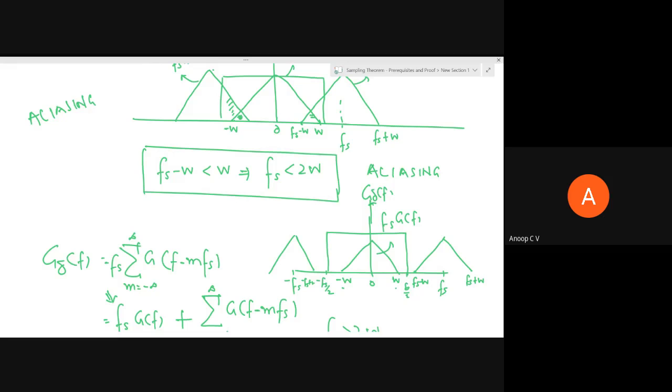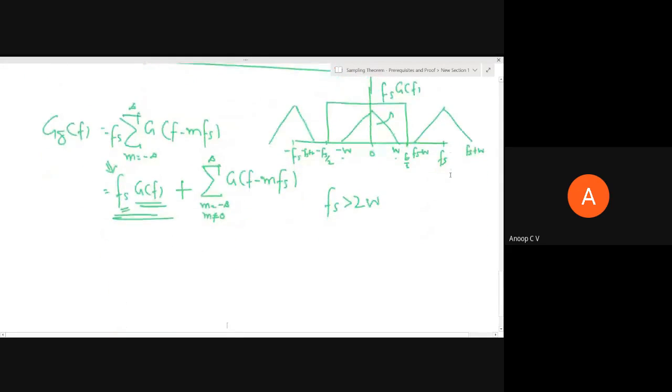That's why when fs is less than 2W, that is called aliasing, and we can't reconstruct the original signal back. But if fs is greater than or equal to 2W, we will be able to reconstruct it. So that is the basic idea of the sampling theorem.